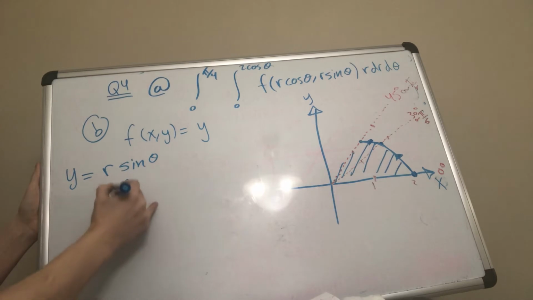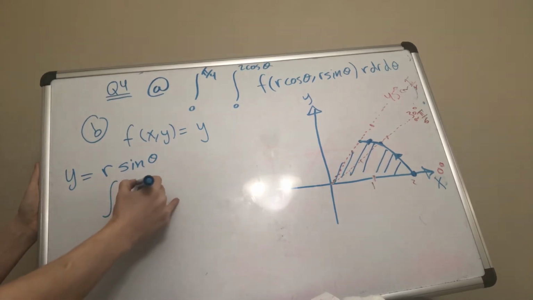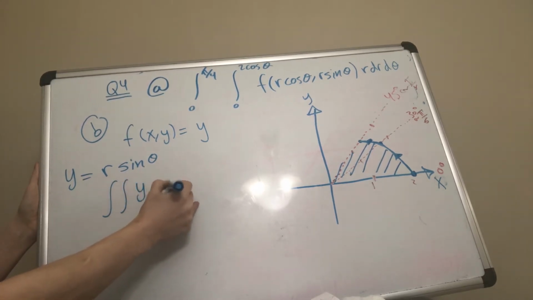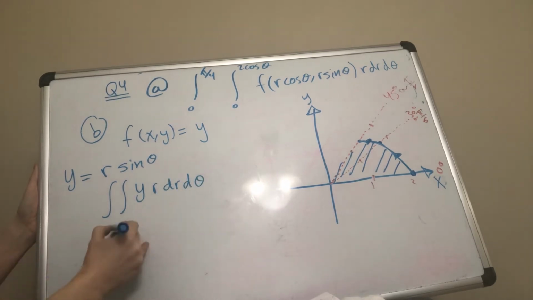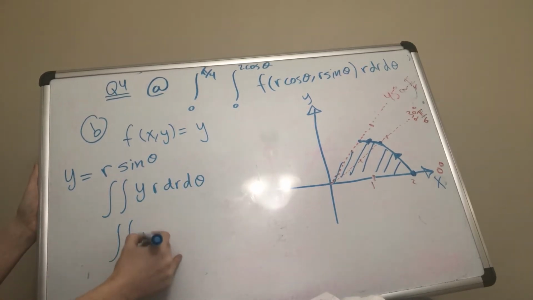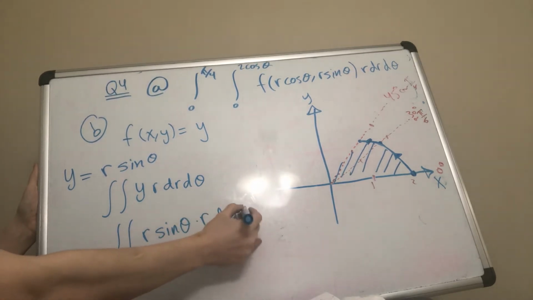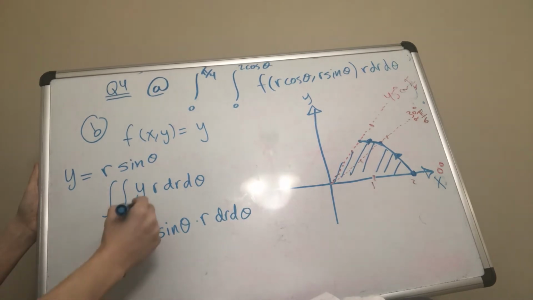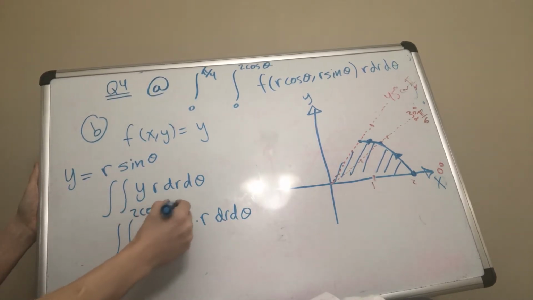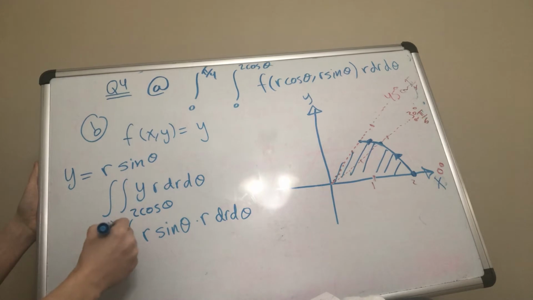So if I'm integrating y r dr d theta, then I'm integrating r sine theta times r dr d theta, with r from 0 to 2 cosine theta, and theta from 0 to pi over 4.